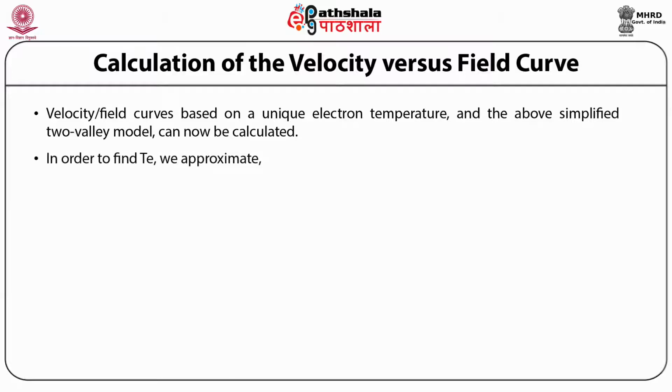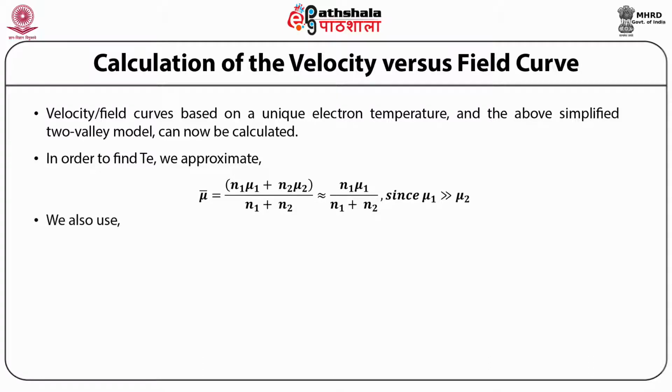In order to find Te, we approximate mu bar equal to (N1 mu1 plus N2 mu2) by (N1 plus N2), which is approximately equal to N1 mu1 divided by (N1 plus N2), since mu1 is very much greater than mu2.